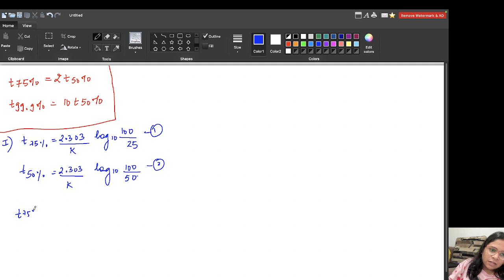So T of 75% upon T of 50% will be equal to, these both get cancelled. Log base 10 is left. Log base 10 4 upon log base 10 2. So what will it be? T of 75% by T of 50%.